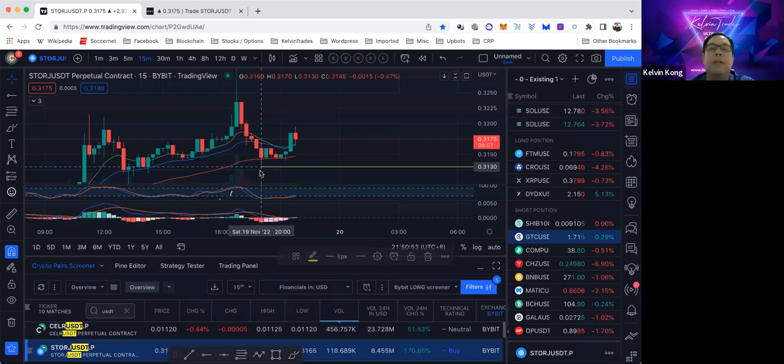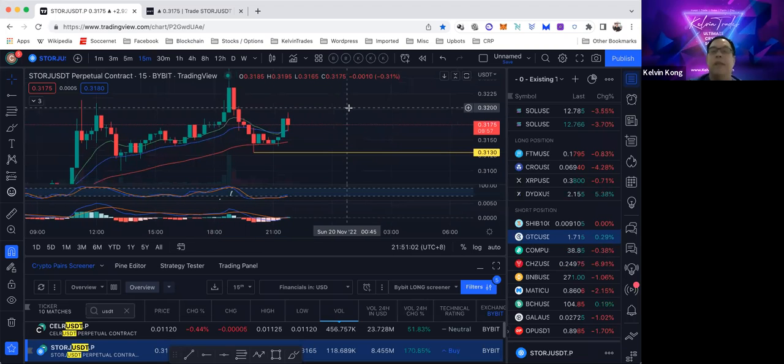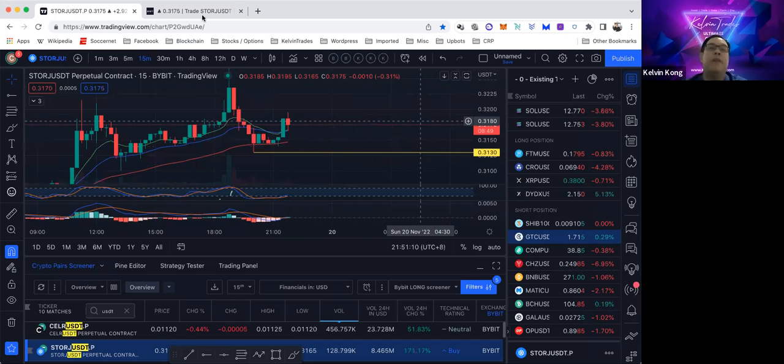Okay, it's still around 1-2%. Stop loss 3125. So entry will be around now, 3175.